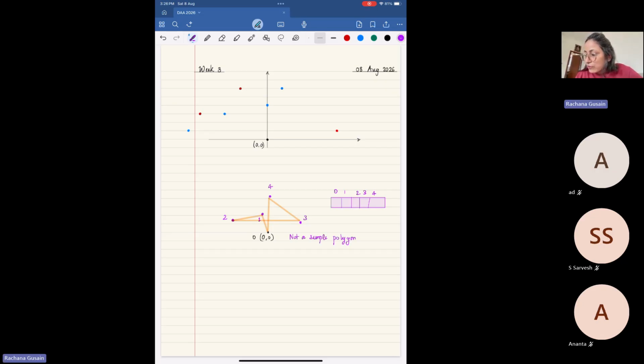The question is, I want to find a simple polygon, or rather I want to sort these points in the increasing order of angles. So let me draw a line here. Consider this horizontal axis or line passing through the origin. What I want is, I want to sort these points in a particular order.